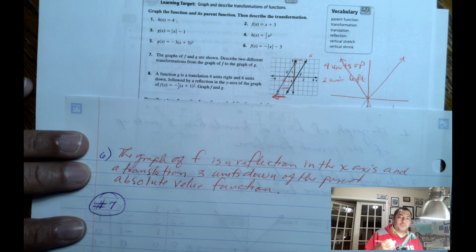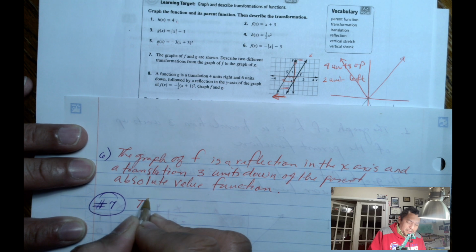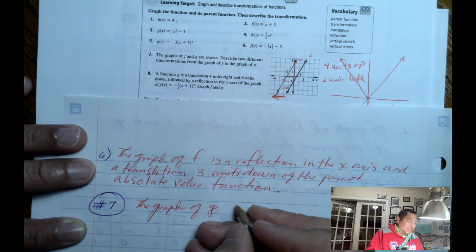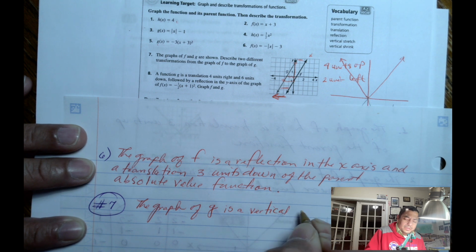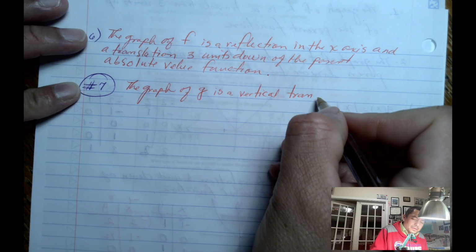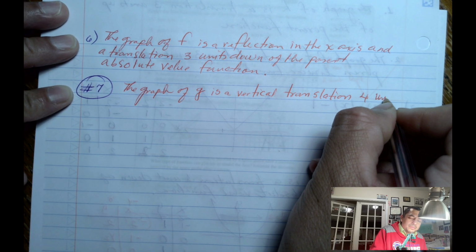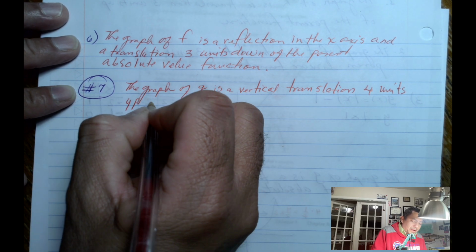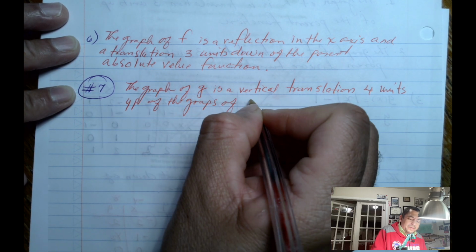If we want to answer this question, how do we describe? So for example, this is an example that we can write. The graph of g is a vertical translation, 4 units up, of the graph of f.